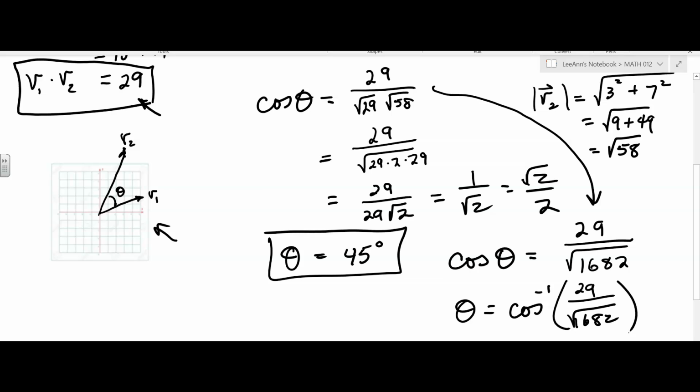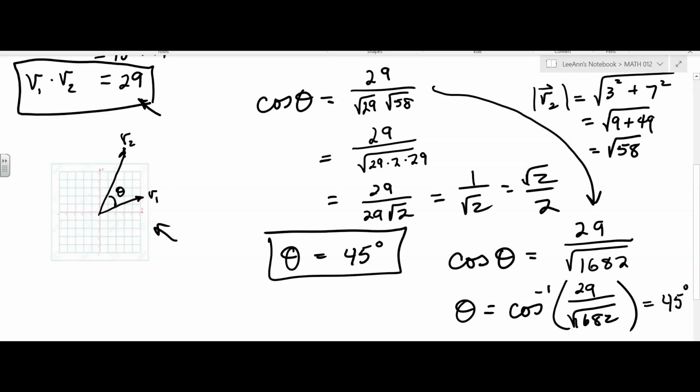So I'll do this on my calculator real quick here. Inverse cosine of 29 divided by the square root of 1682, and I get 45. Thank goodness my calculator was in degrees. Okay, so you do get 45 degrees still.